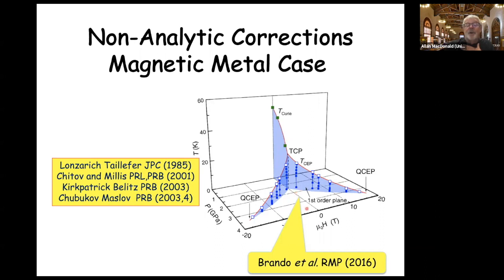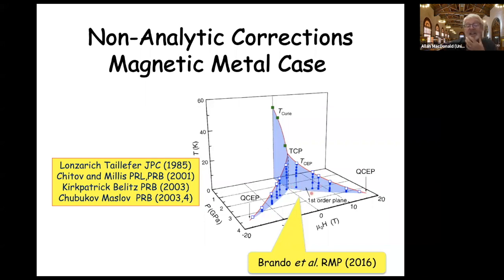As you approach in pressure, taking pressure away will make the bands flatter, and tilt you towards a magnetic state. And so it turns out that magnetization jumps up.